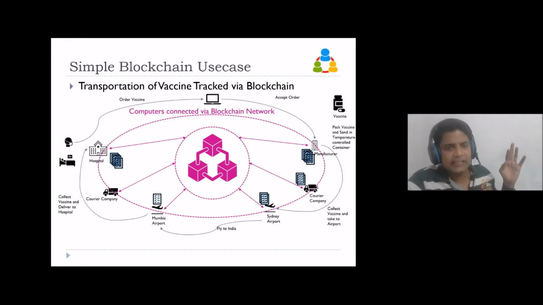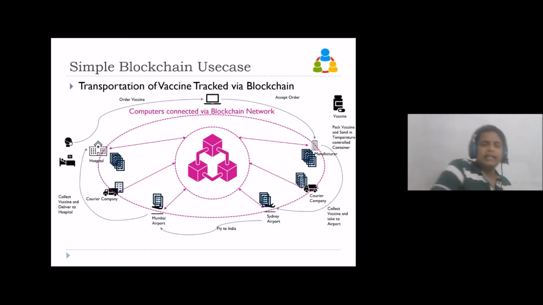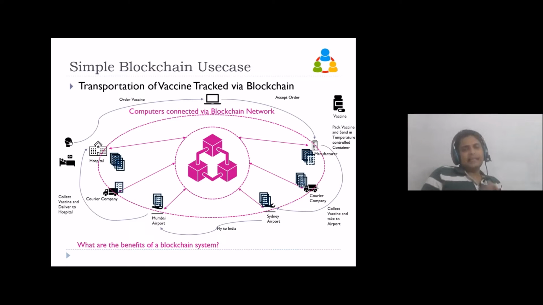The next step is that from the Mumbai airport, it is taken to the hospital through a local courier company in Mumbai, and that data is also updated. So the thing here is that everybody is updated about the information which is entered onto the blockchain by any party.